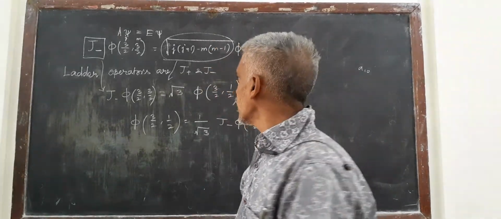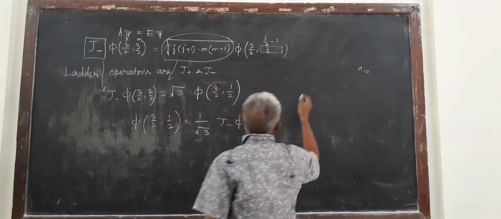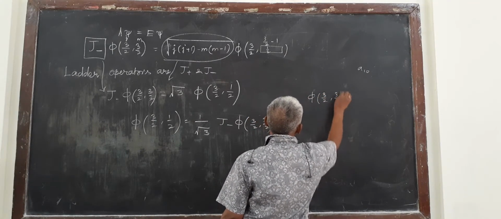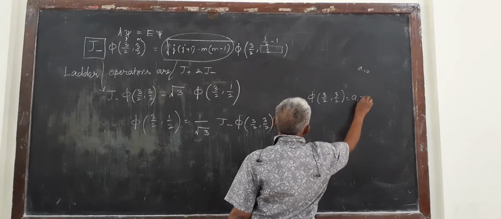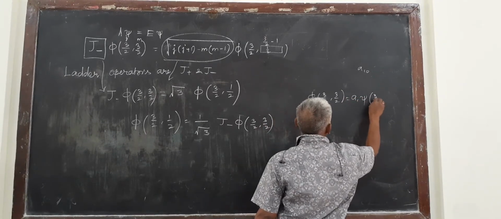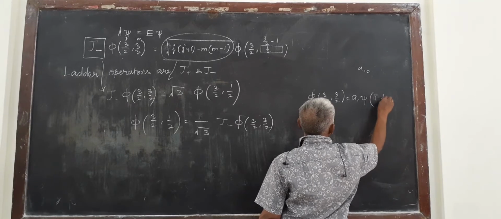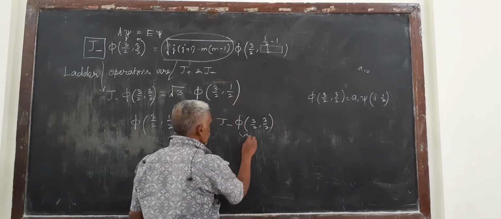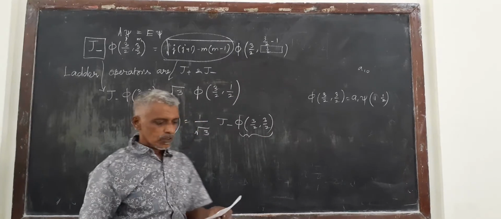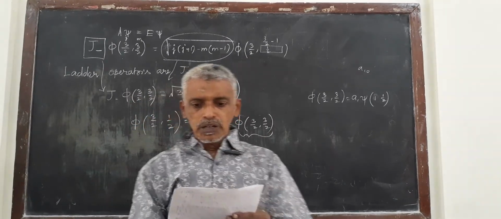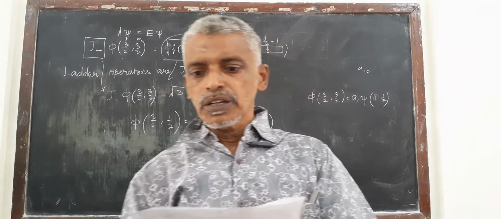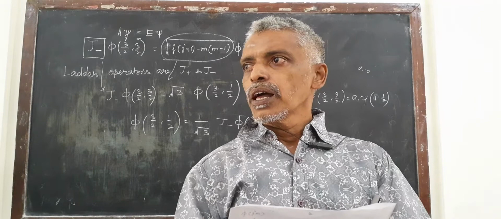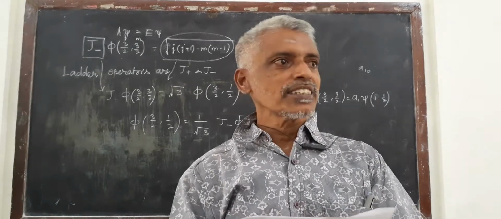Okay, now already we know on the other side psi of 3 by 2, 3 by 2 is equal to a1 psi of 1. So now we introduce it in this place with a1 is equal to 1 by convention.